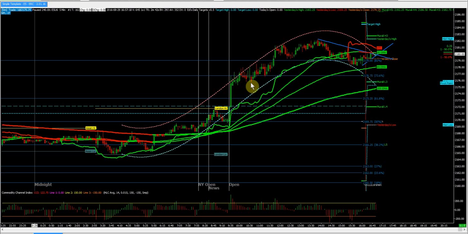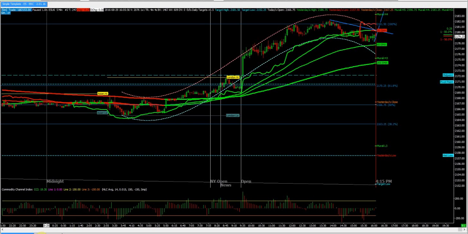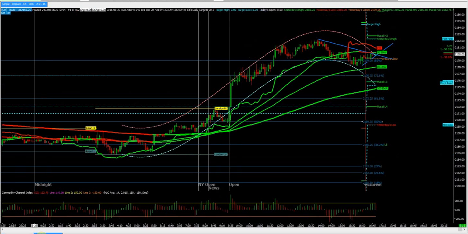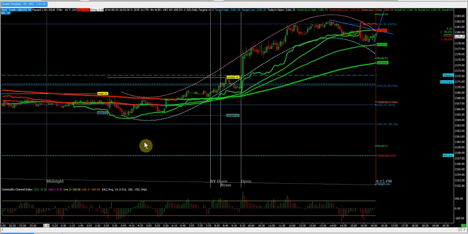So you could have gotten into that trade at, let's see, 2170.25, 2169.75, which was the cash open. You could have gotten into that trade down here, even at, if you wanted to say, look, I want to get in at 2170.50.